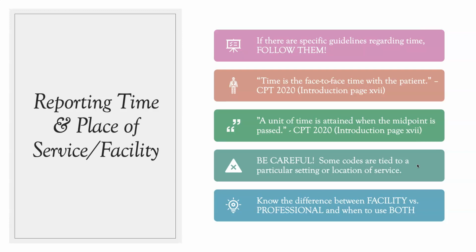All right, now the other thing is you need to know the difference between facility versus professional coding, billing, and charges, and when to use both. Facility is typically used for everything except what the professional is doing. The professional billing is for that provider, for their services, for what they're doing.